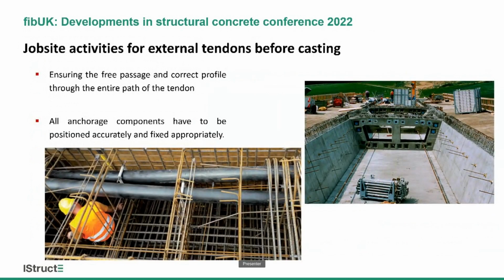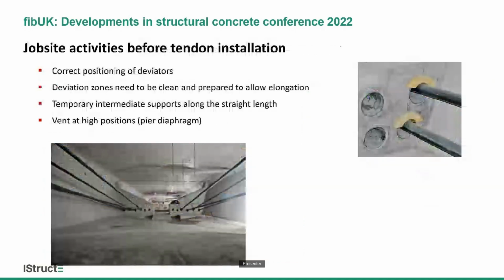What generally has to be done when you want to use external tendons, before casting, is that the correct tendon profile is what we have to take care of before we do the concreting. So really ensuring free passage of the tendons. That means special care on the positioning of all the anchorages and deviation parts is quite essential. You see here deviators installed, different solutions.